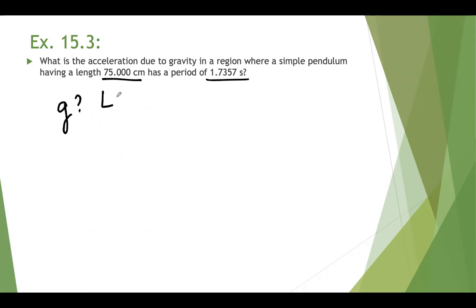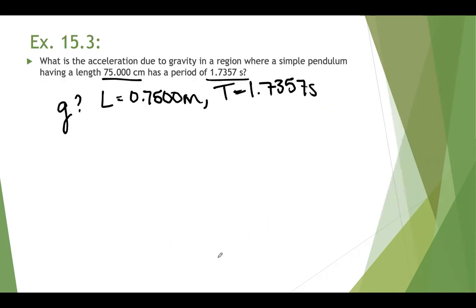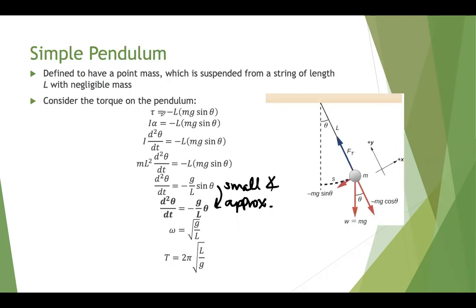We have our length, I'm going to go ahead and convert this to meters, 0.75 meters, and a period of 1.7357 seconds. So let's use what we just found. T is equal to 2 pi square root of L over g.